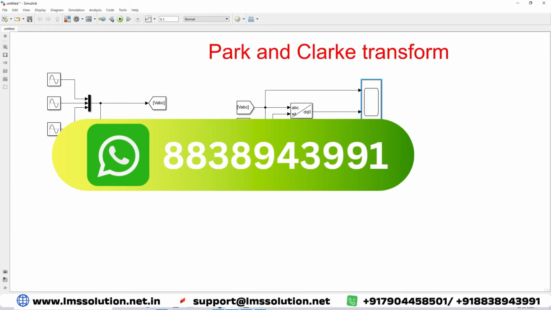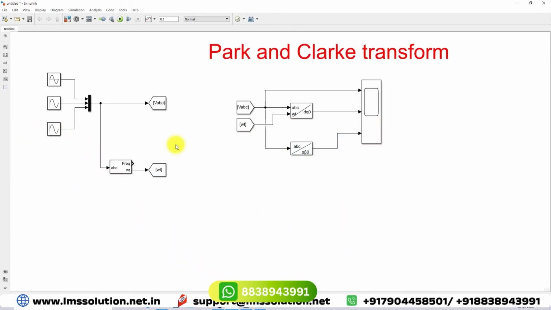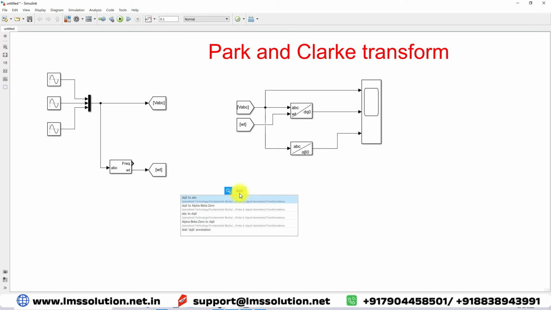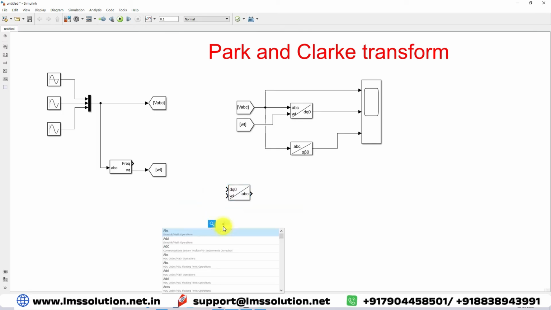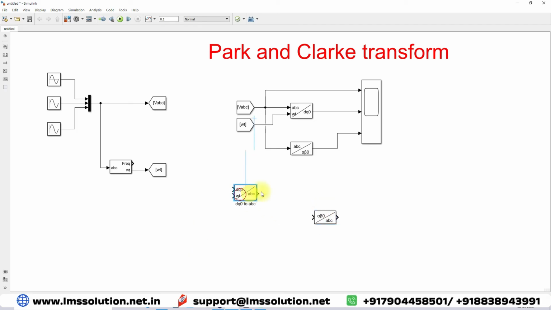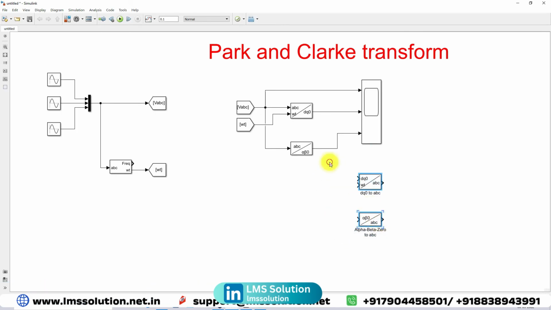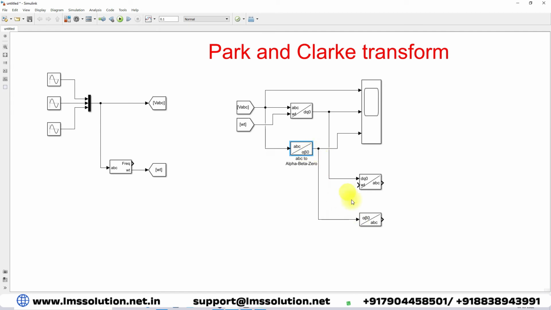Next you have to use the inverse concept, inverse Park and inverse Clarke transformation. For that, just type here dq0 to ABC and alpha beta 0 to ABC. These two will be used for inverse Park and inverse Clarke transformation. I am going to use the output of the Park and Clarke transformations as input for these inverse transformation blocks.